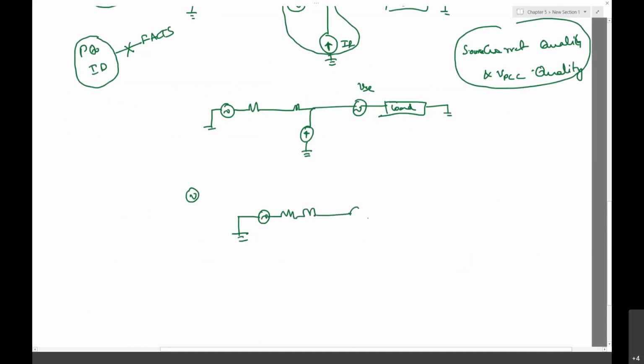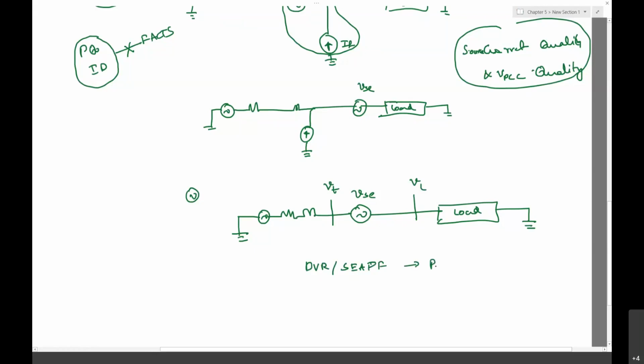The compensator is a VSI. From the understanding we have when we discuss the dynamic voltage restorer, the DVR or the series active power filter, we have seen that this DVR is injecting the real power as well as the reactive power in the system in order to correct the load voltage.